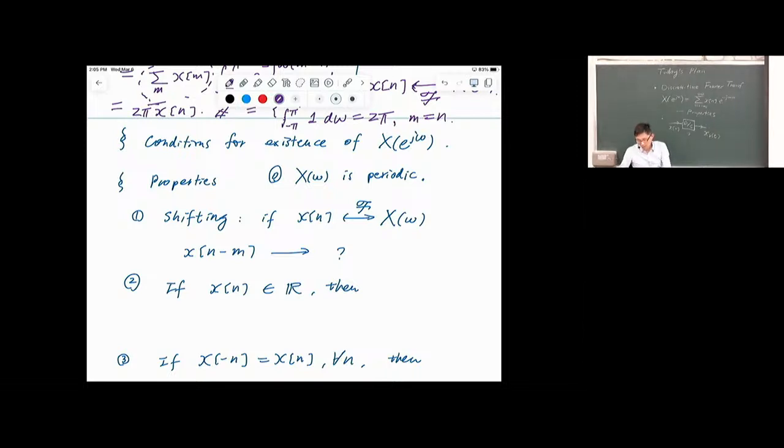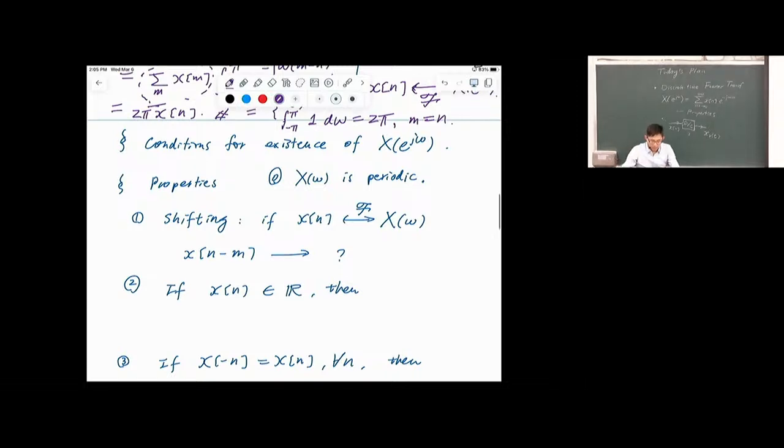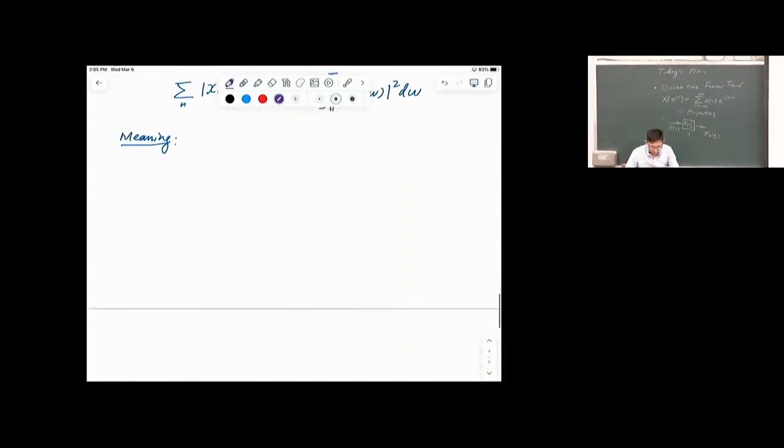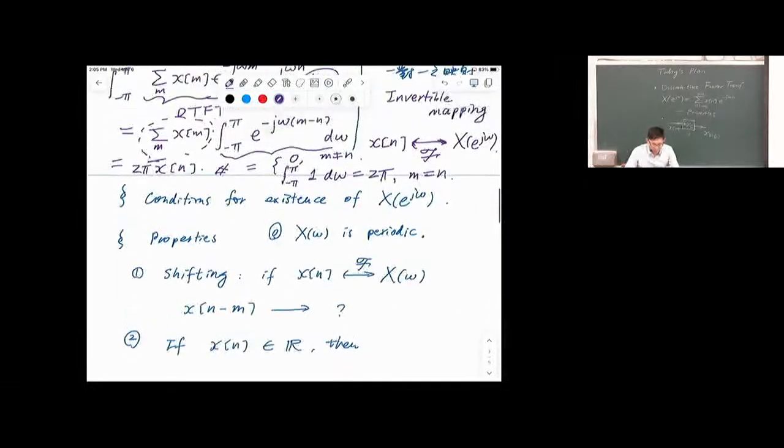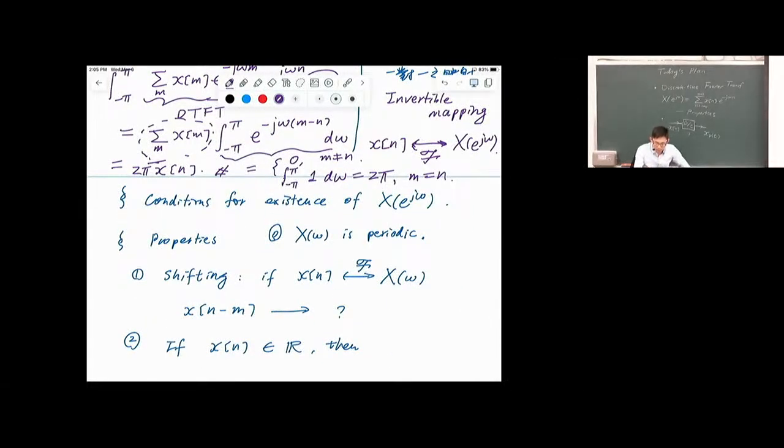Let me take a look at my plan. I will talk about this topic, but let's push it later, maybe in half an hour, when I talk about conditions for existence of the spectrum. It turns out that when I say for any x[n] we have a spectrum, this is actually not right. Remember I said only a well-behaved signal can have a spectrum.